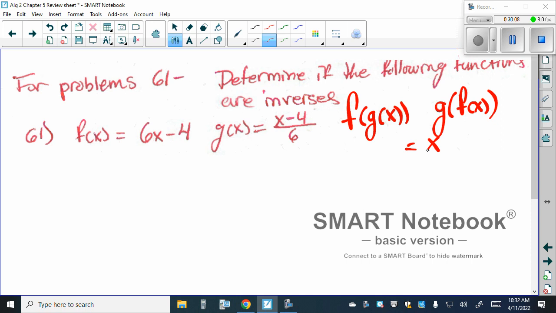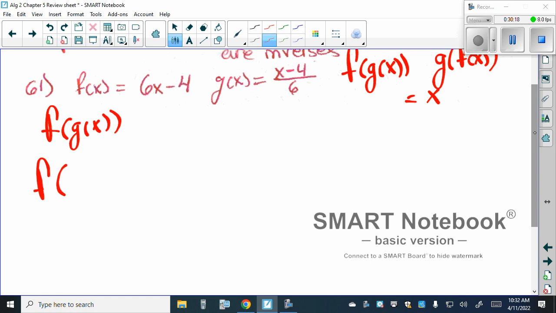Now, if we look at this one here, f of g of x, well, g of x in our case is x minus 4 over 6. So just like what we did before with our composite functions, we plug in g of x for what it is.